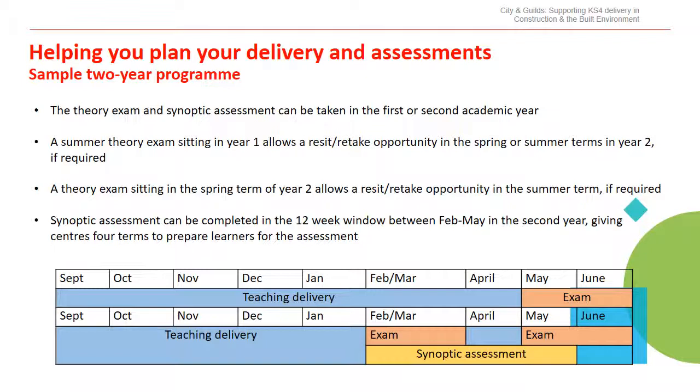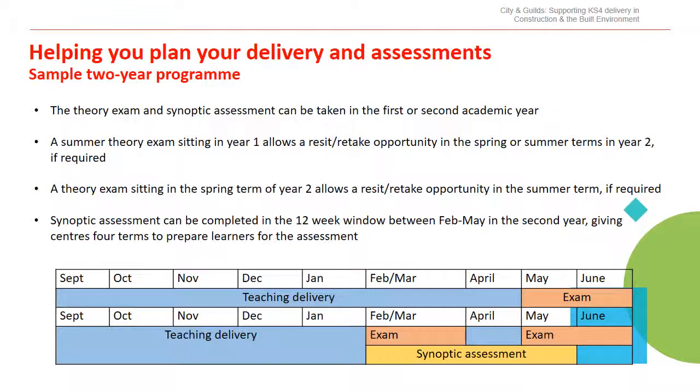Centres will be able to release their synoptic assignment to learners in February. This year, the date was February the 4th when synoptic assignments went live. This date will be altered every year and will be available on the website. All the evidence for synoptic assessment must be submitted in May, and the date again will be on the website. This year it is May the 17th.